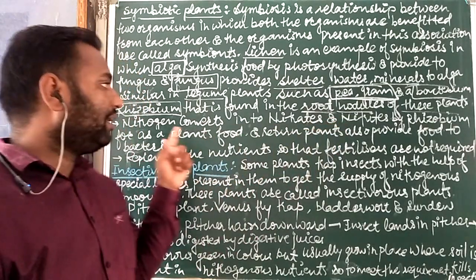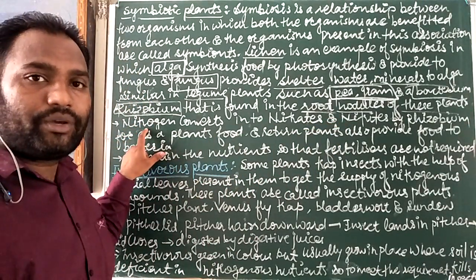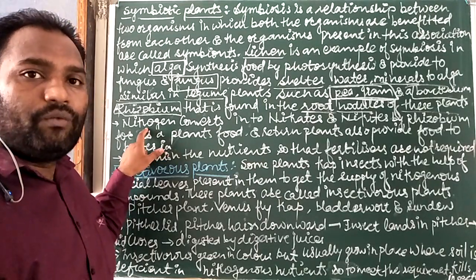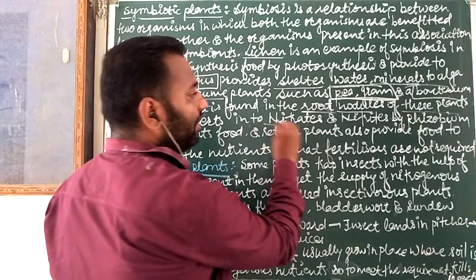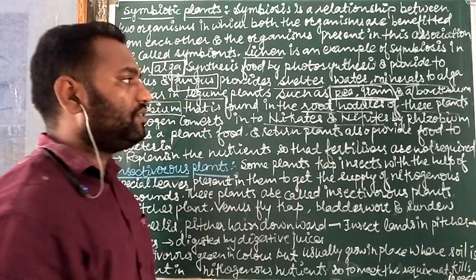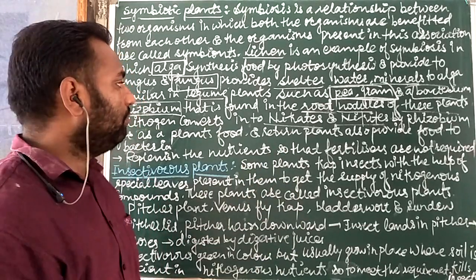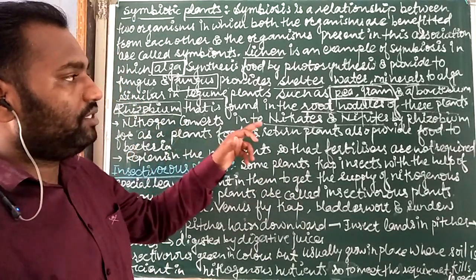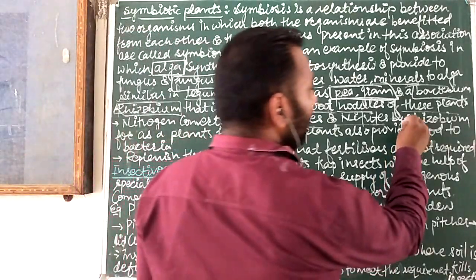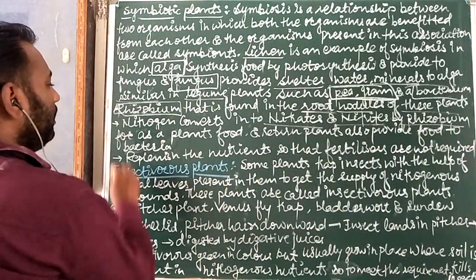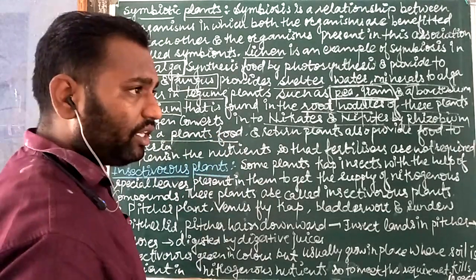Plants cannot directly take this nitrogen for their nourishment, for synthesis of their food or for their life activities. So in the form of nitrates and nitrites, NO3 and NO2, in these two forms plants are able to absorb it.